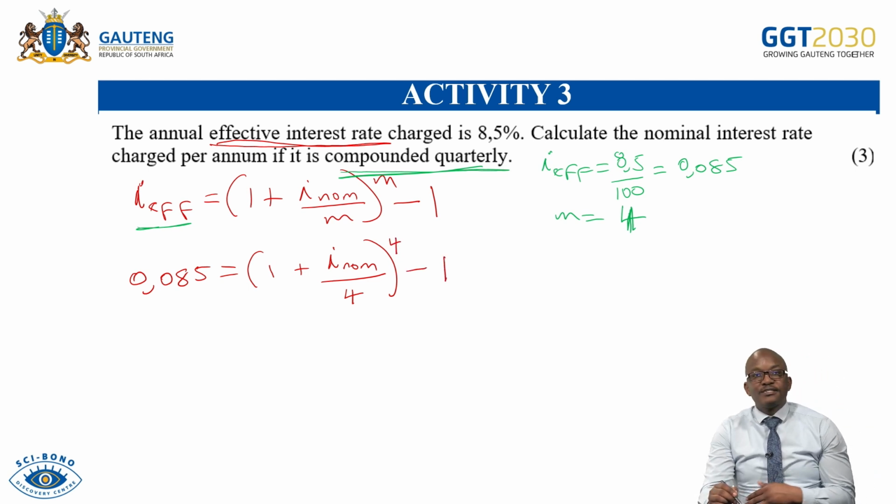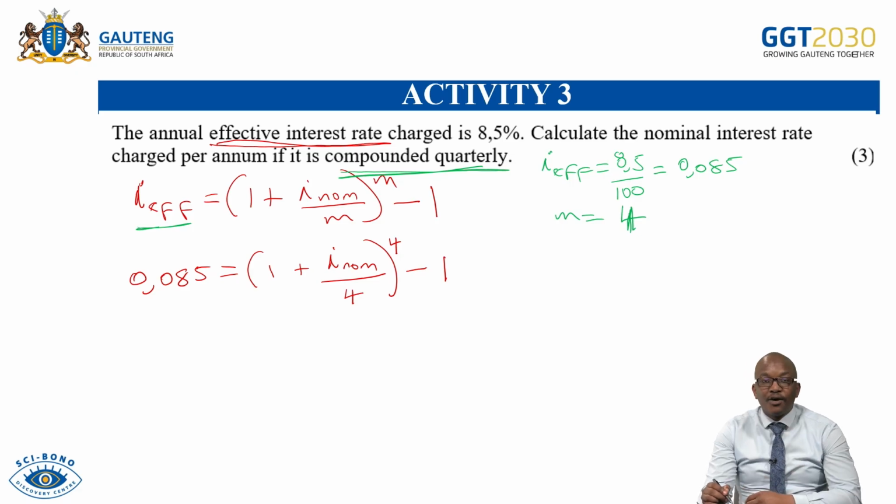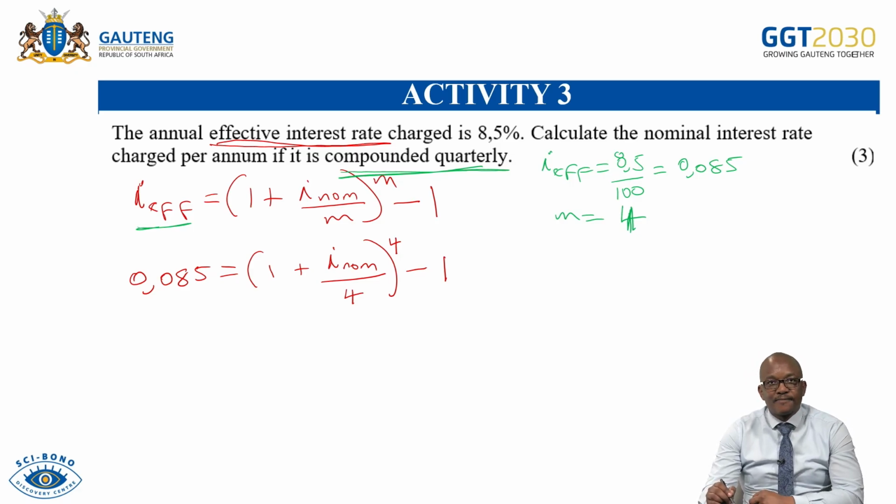Then from this, we have to use our mathematical operations. Remember with mathematical operations, that's the important part where learners have to pay attention, because you have to understand when do I transpose, when do I multiply, where do I divide, or when do I remove the powers by introducing the root sign.